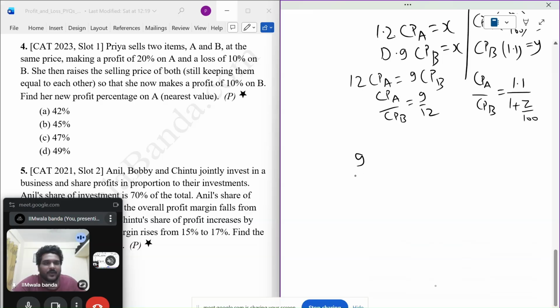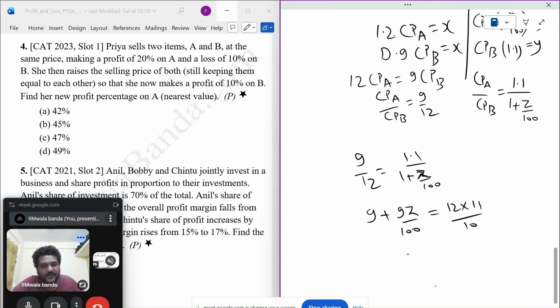Now these two can be equated. 9 by 12 is equal to 1.1 into 1 plus Z by 100, or 9 plus 9 into Z by 100 is equal to 12 into 11 by 10. Correct? What is this? 132? 113.2? 9 will go there. 9, 10, 11, 12, 13.